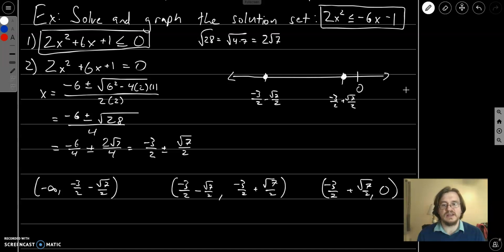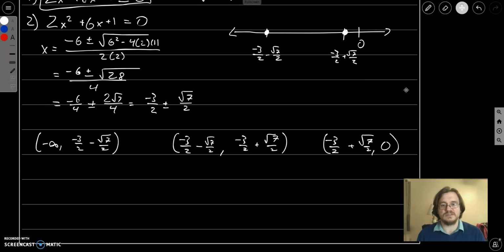We will need to see whether or not this half of the polynomial is going to be greater than 0 or less than 0 to the left of our intercept, in between our intercepts, or to the right of the intercept.